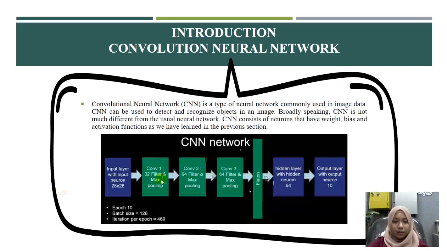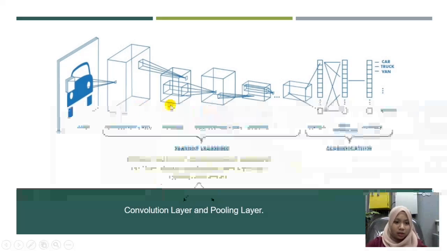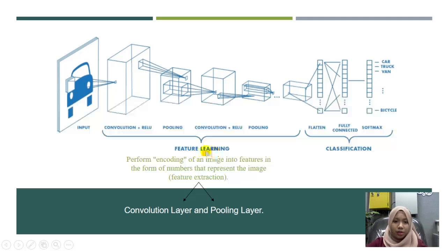Convolution and pooling are for feature learning. A convolutional neural network has steps to produce the output: first input and feature learning and classification, and finally the output.